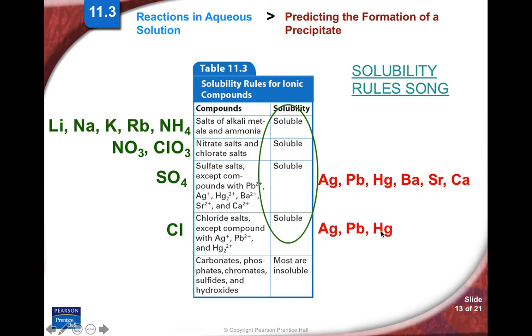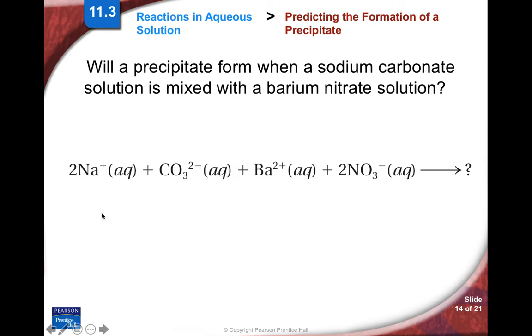Again, silver, lead, and mercury here as well, mercury 1. And then finally, almost all carbonates. Remember, carbonate is a -2 charge, phosphate's a -3 charge. Chromate, sulfide, hydroxides, almost all of them are insoluble. They do not stay dissolved, they precipitate.